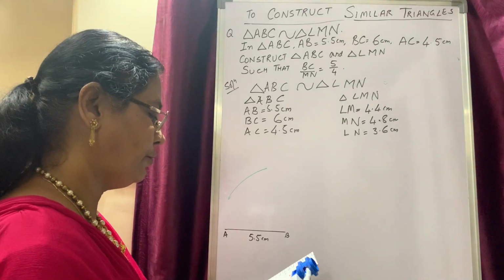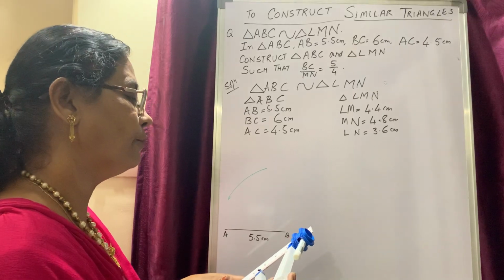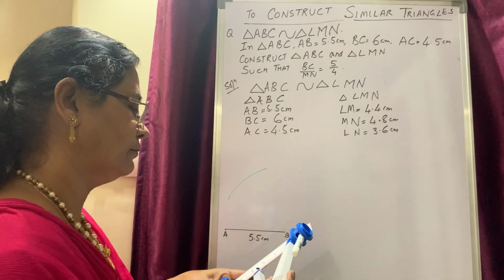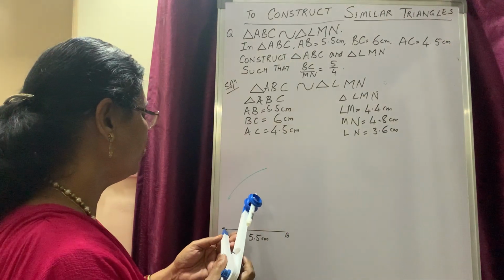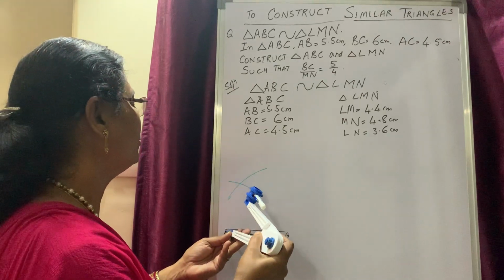So I will take 4.5 in my compass again. From A, because AC is 4.5, I will cut the previously drawn arc.